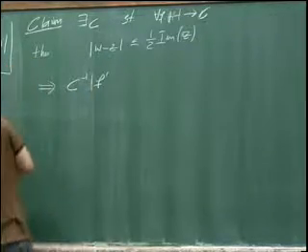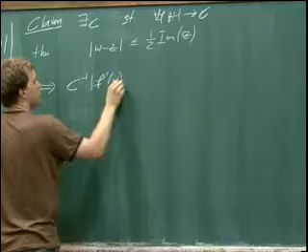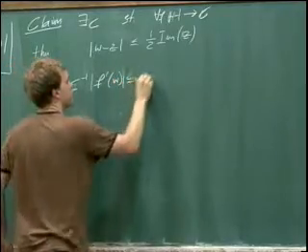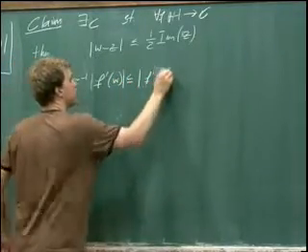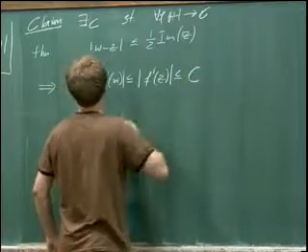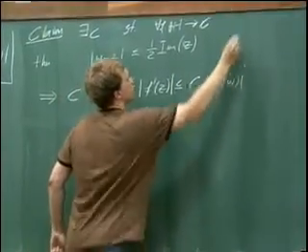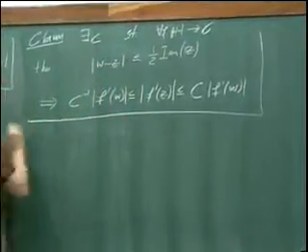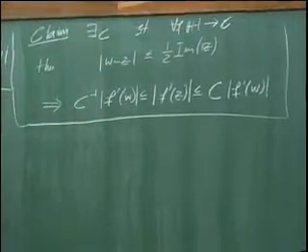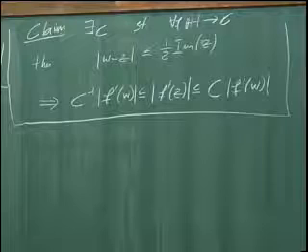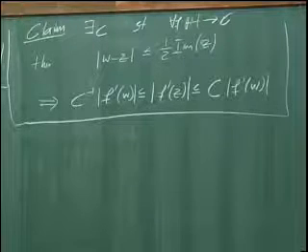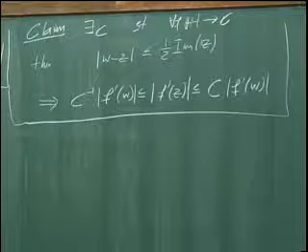So f prime of W is less than or equal to f prime of Z is less than or equal to some constant again times f prime of W. And so this will be what we'll use in the following couple of exercises.